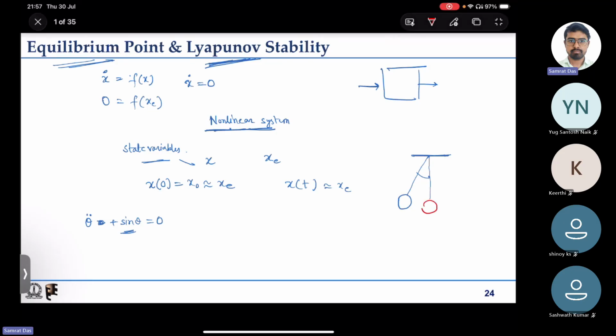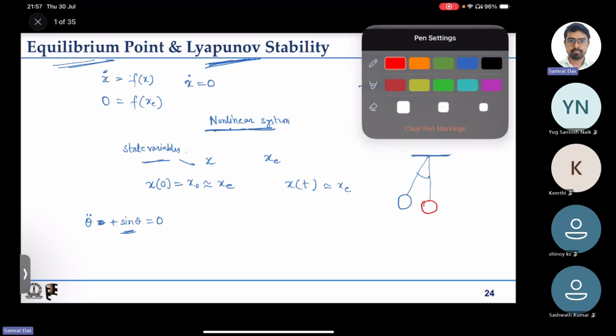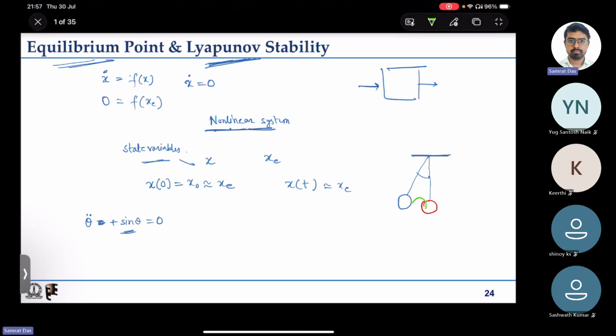The steady state equilibrium point is this, and say without any input, or with a small disturbance, it starts from some other point which is sufficiently close to the equilibrium point.